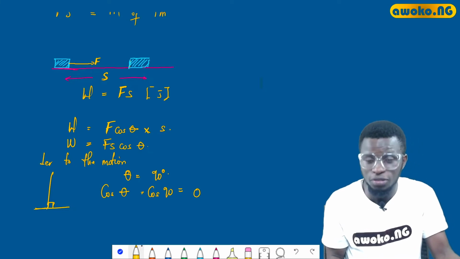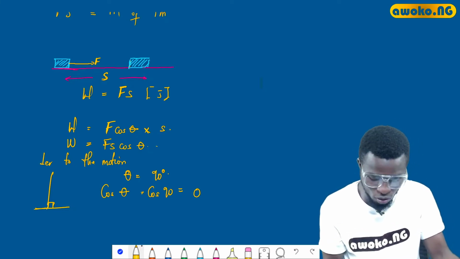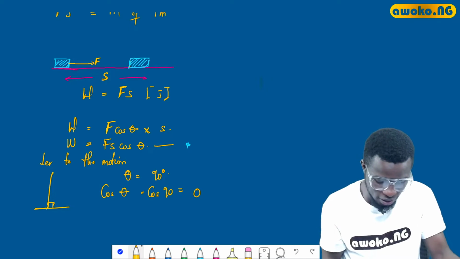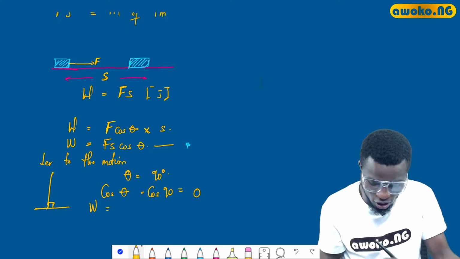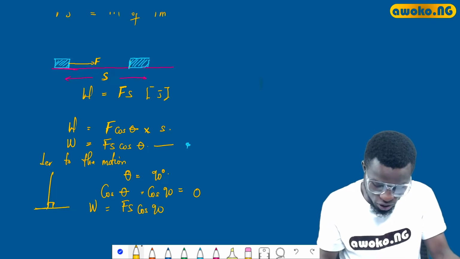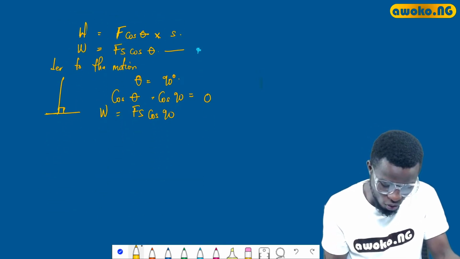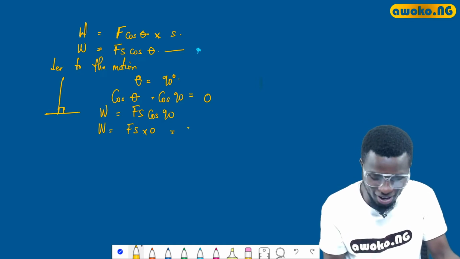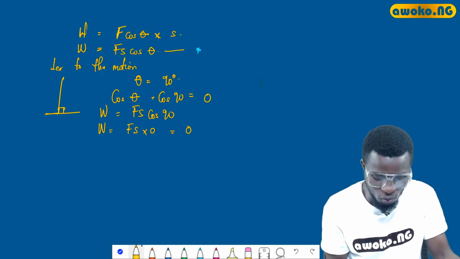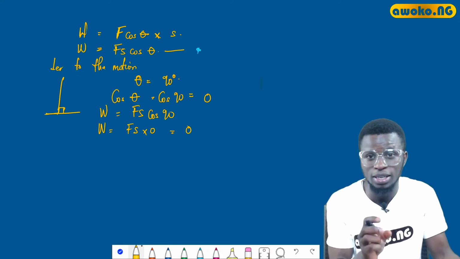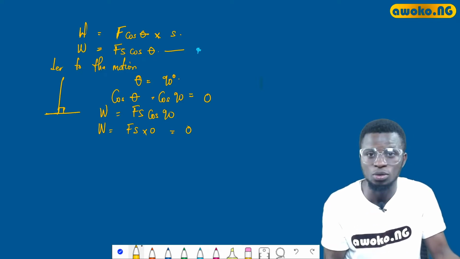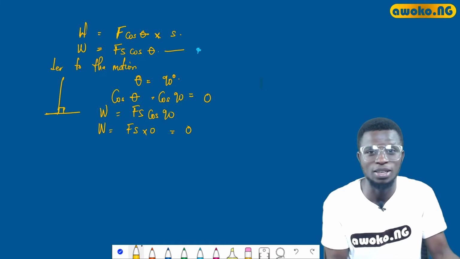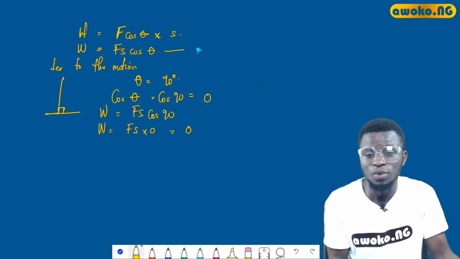Therefore, if you substitute the value into the formula for work done, W will be equal to Fs cos 90, which is equal to Fs times 0. Of course, anything multiplied by 0 is going to give us 0. So the work done when the force is applied perpendicular to the motion is equal to 0. This is a suitable exam question, an objective question.